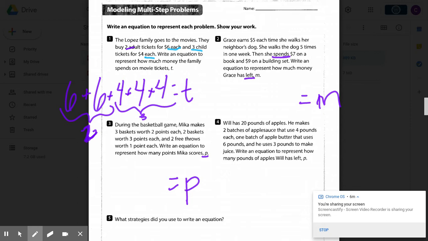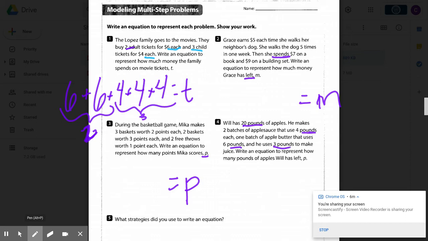Number 4, Will has 20 pounds of apples. He makes 2 batches of applesauce that use 4 pounds each, 1 batch of apple butter that uses 6 pounds, and he uses 3 pounds to make juice. Write an equation to represent how many pounds of apples Will has left. If he started with 20 pounds and then he's taken all of these pounds away, then you have to figure out how many he has left.